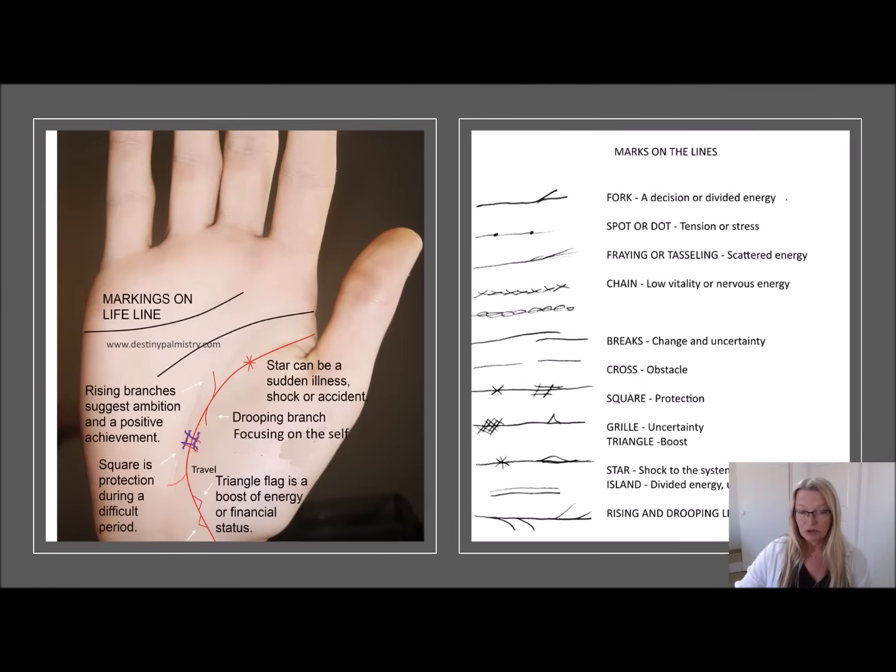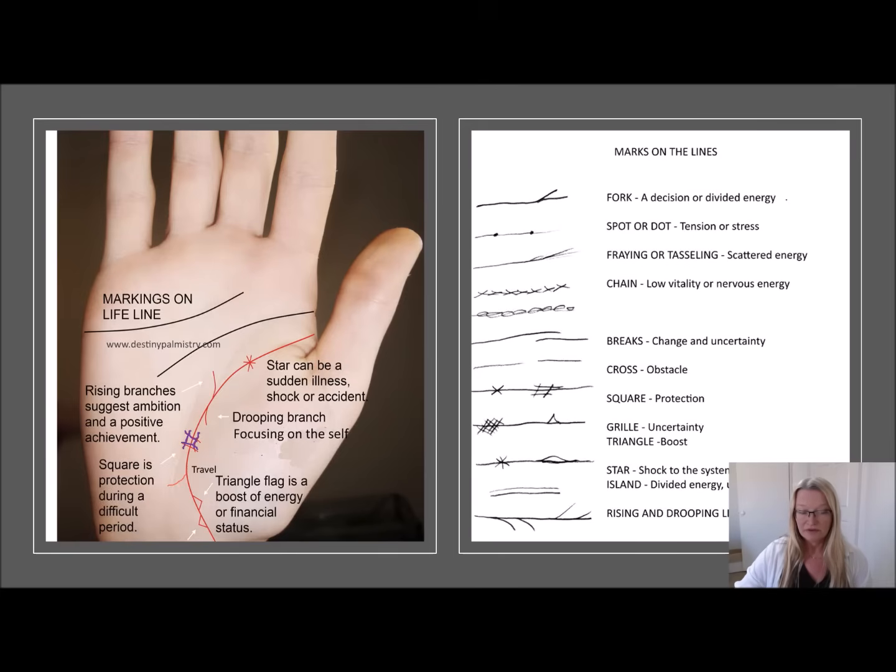Grills, we will talk a lot more about grills later on, but the grill is uncertainty because it makes the line not clear. And the triangles are a boost.